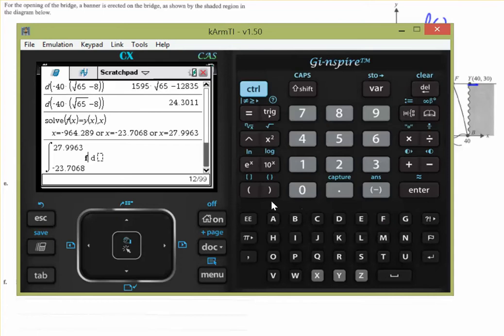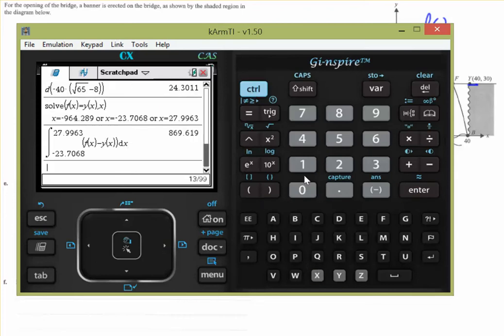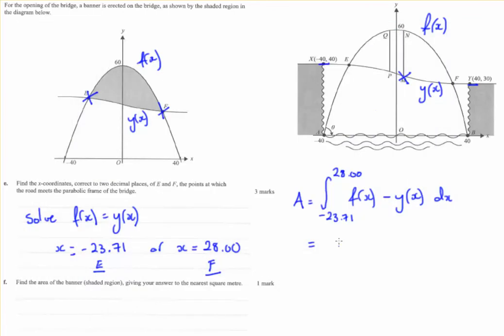And we want f of x minus y of x. And let's find that area. There we are, 869.619. To the nearest square meter is 870 meters squared. That's how we find the area of this banner region.